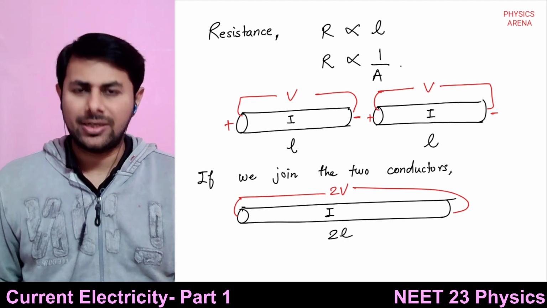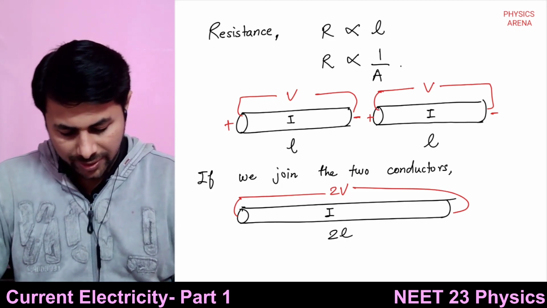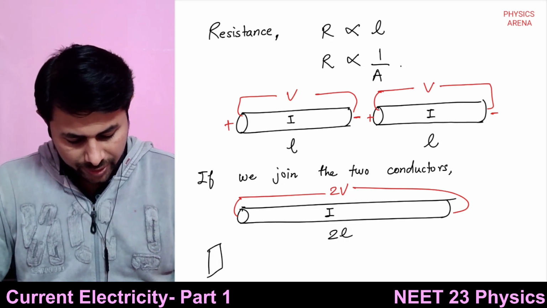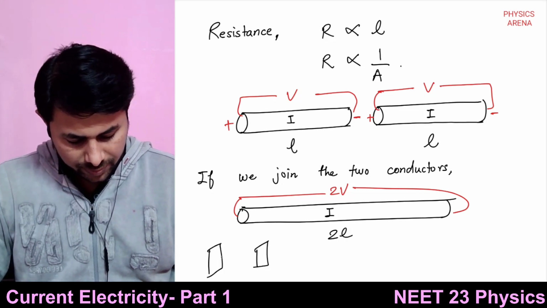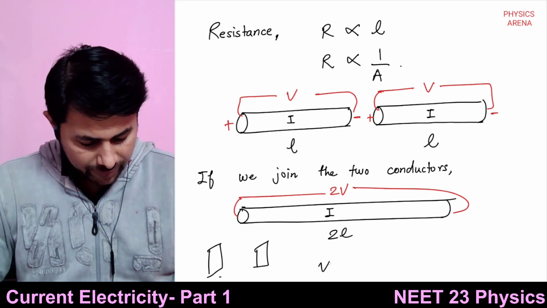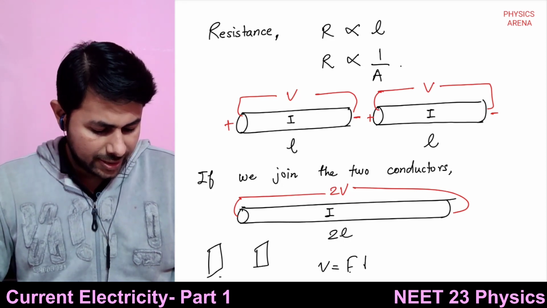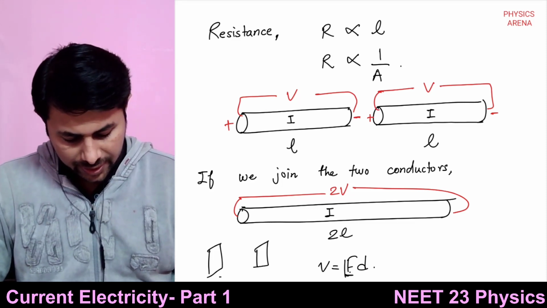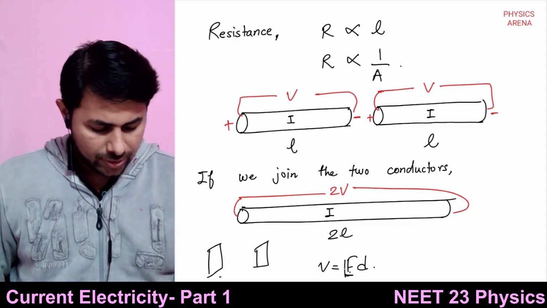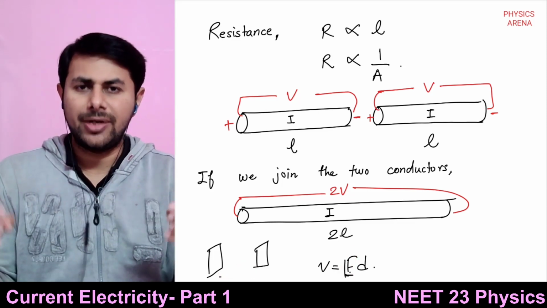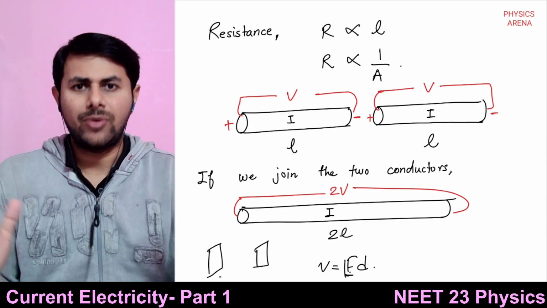Okay, what happens in a capacitor? Potential difference between two plates of a capacitor is equal to what? It is equal to, so V is equal to E times D, where E is the electric field, right? So if electric field is constant, then if you increase the separation between the two plates, what will happen?